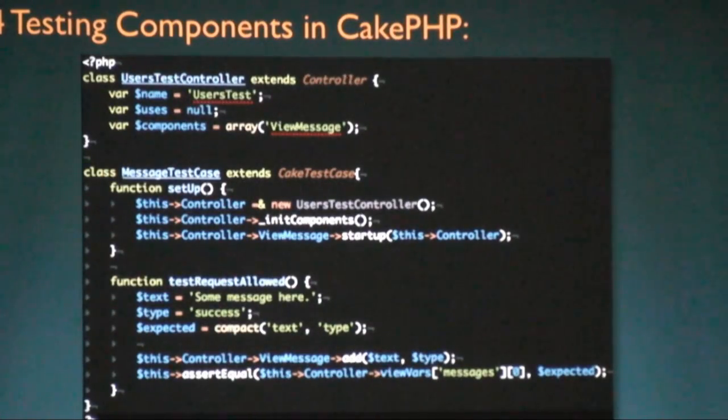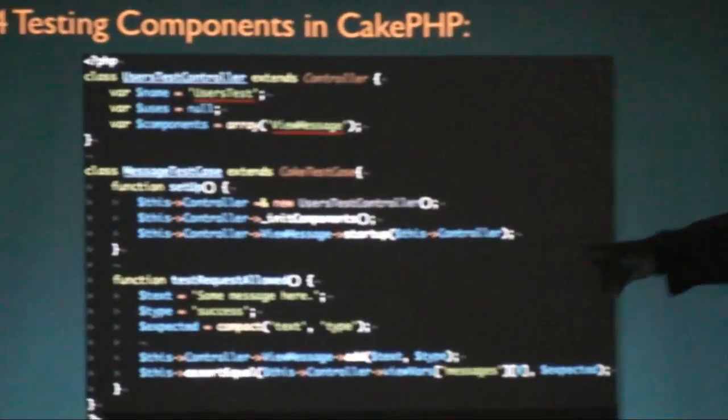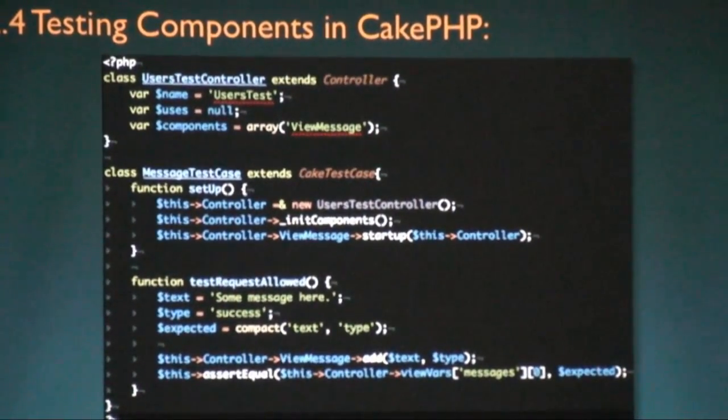We are getting a new instance of the user's test controller there, initialize its components, and then call startup on the view message component. Then we get our test function, test request allowed, for example, and have a text and a type added as a message, and then we can assert equal based on controller vars. And it should be an array, where it's using the fancy compact function there, and it should be equal. And it actually is.